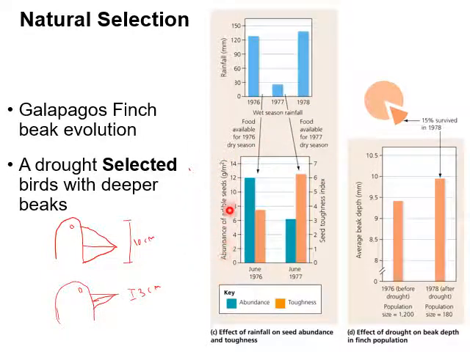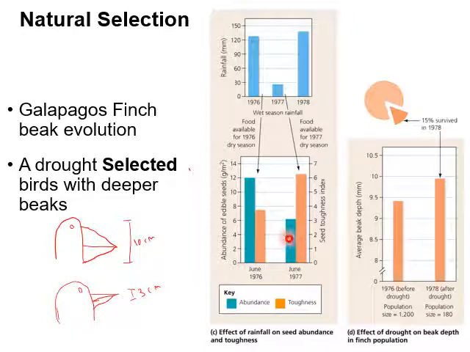What this is showing is, in this greenish color, the abundance of seeds, and in the orange, the toughness of seeds. So between 1976, where there was a lot of water, and 1977, when there was very little rainfall, the abundance of seeds went down by about half.